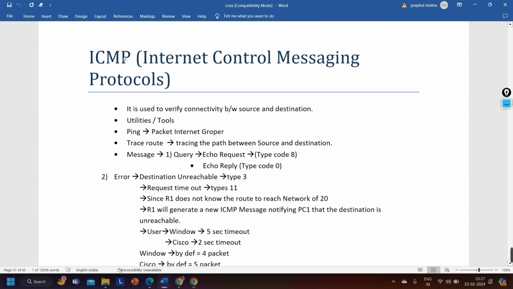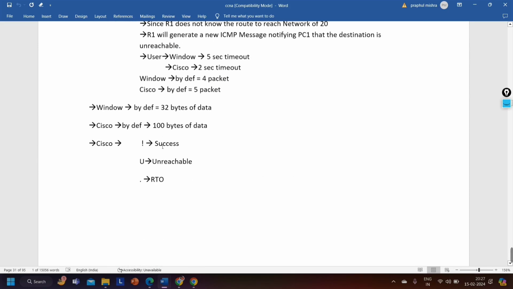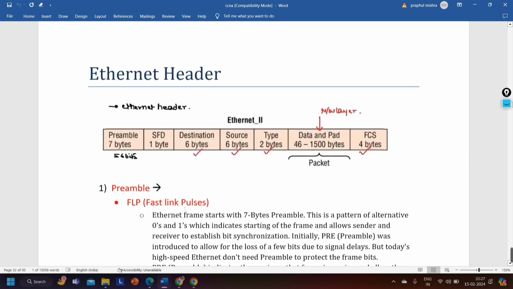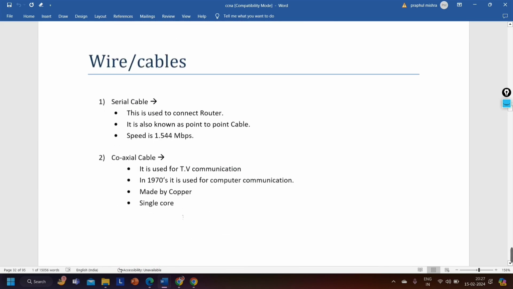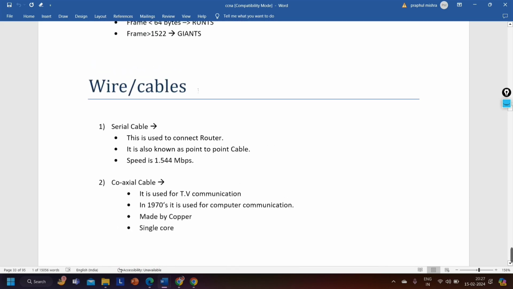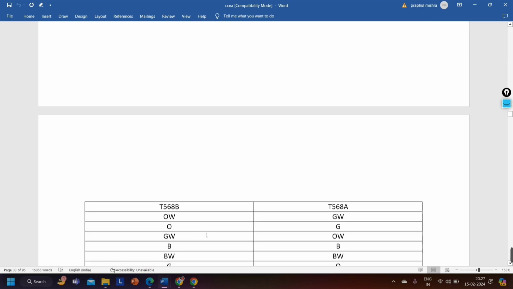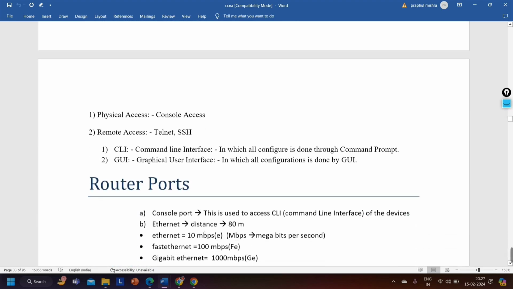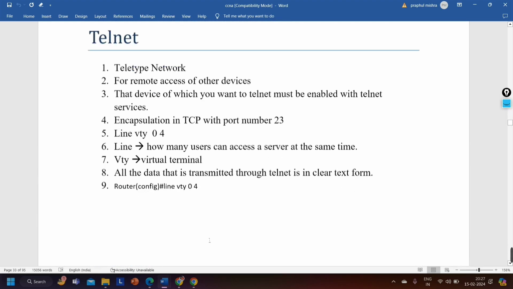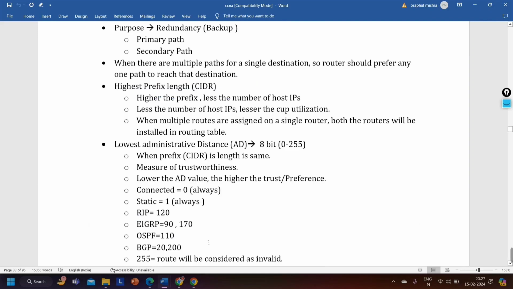Then guys, we have some important protocols like ICMP, ARP, Ethernet header. Then you need to learn cables, wire and wireless media. So access point, port, okay, fine. These are again basic.